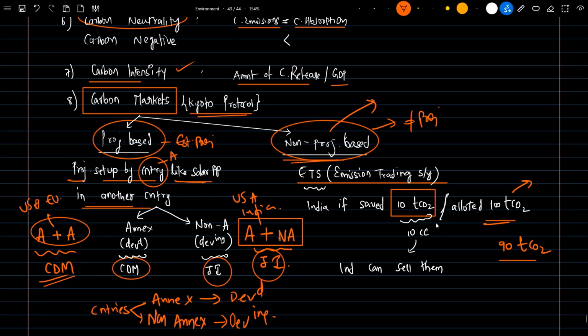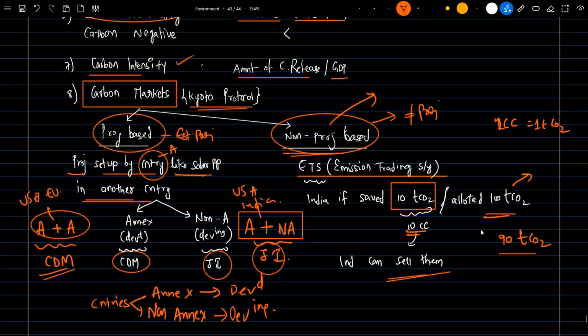Earlier we talked about what one carbon credit is: one carbon credit is equal to 1 ton of CO2. So here 10 tons of CO2 saved means 10 carbon credits. India can sell these 10 carbon credits. This is non-project based, and it is known as emission trading: saving the emission capacity or the emission quota that was allotted and selling it to other countries.